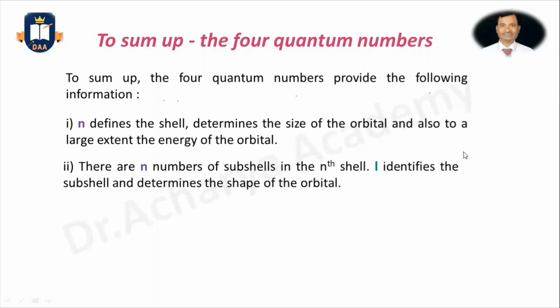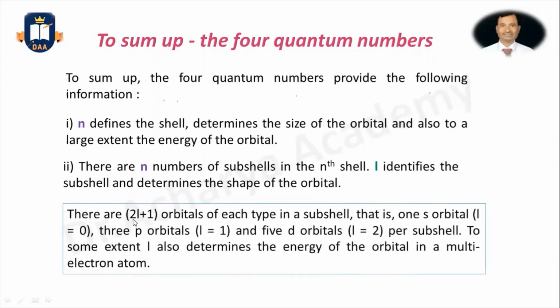Number two, there are n subshells in the nth shell. That means l, the azimuthal quantum number, identifies the subshell and determines the shape of the orbital.